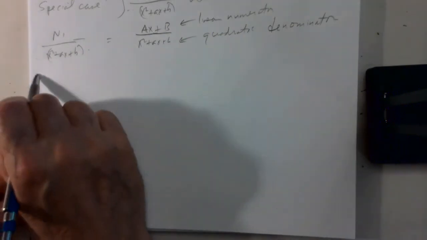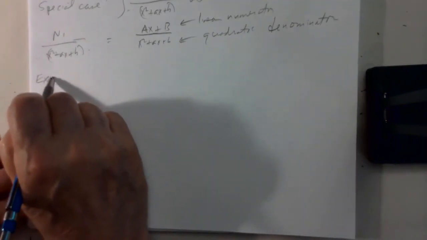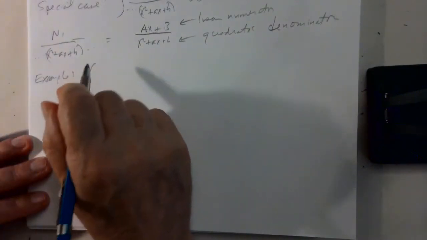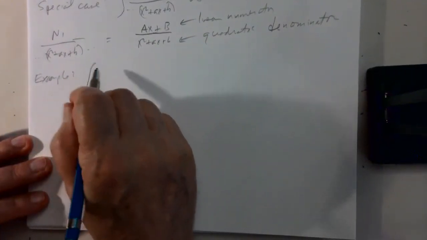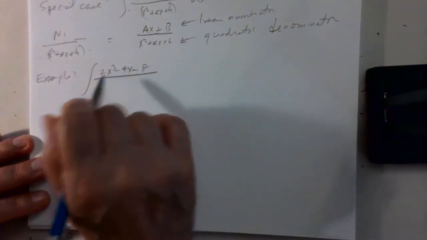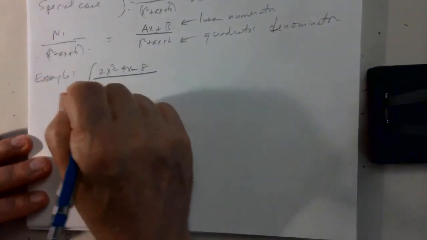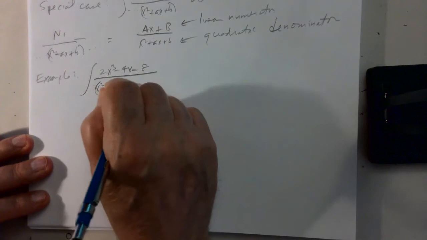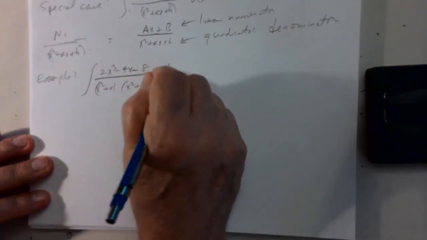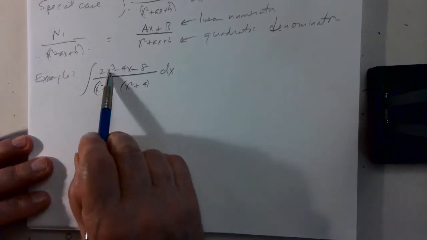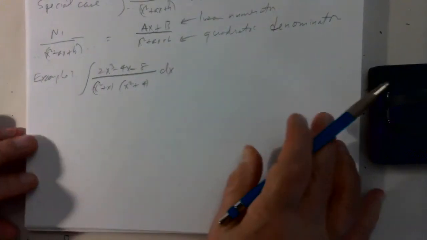So this is, for example, example 3 in the section. The integral of (2x cubed minus 4x minus 8) over (x squared plus x) times (x squared plus 4) dx. The numerator has degree 3.